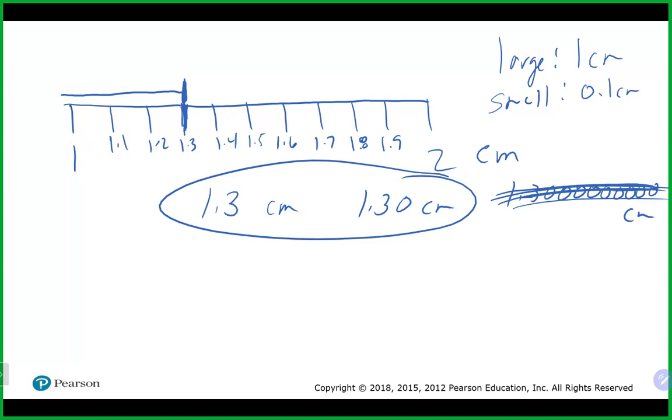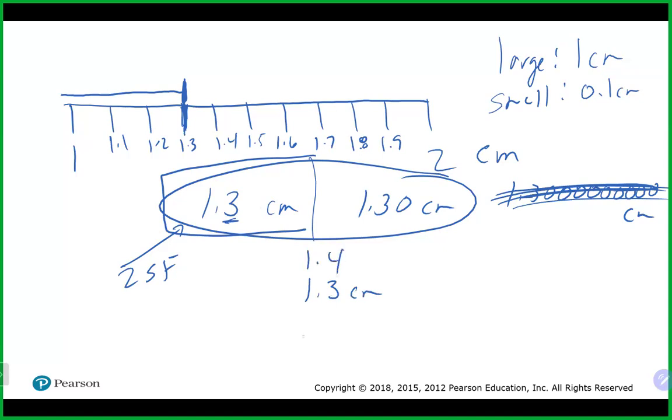So let's just start with significant figures, right? The first number, if I recorded this number here on the left, how many significant figures would it have? It would have 2 significant figures. The uncertain number would be the 3, right? So if we recorded 1.3 centimeters like that, what we're really saying is, I think it's 1.3 centimeters. It could be 1.4 centimeters, plus or minus 1 of the uncertain digit.